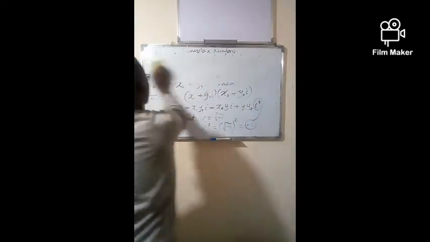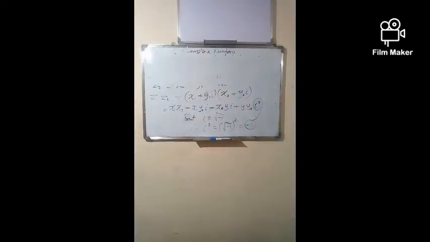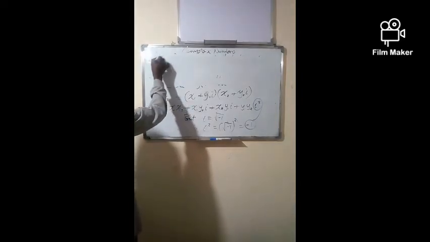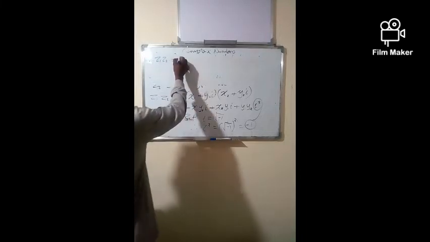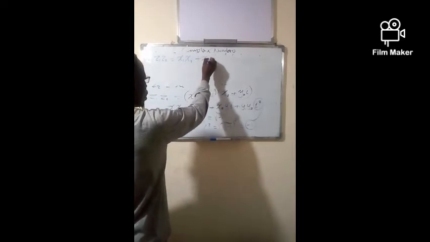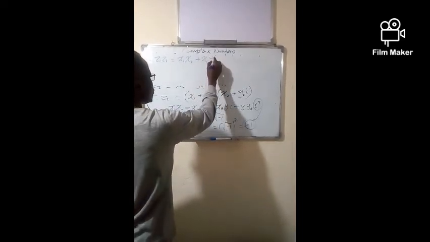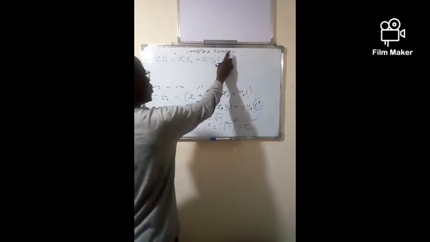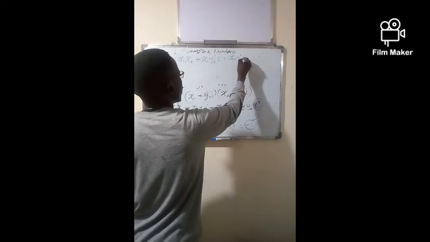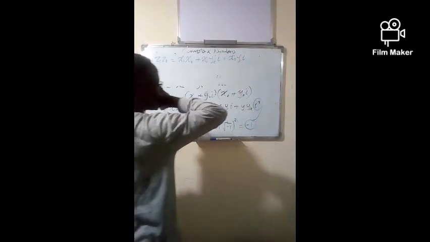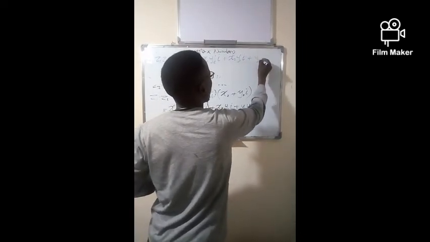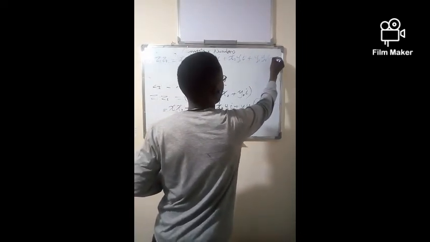So let's go ahead and replace that part. So therefore z1z2 is equal to x1x2 plus x1y2I, all right, and then plus x2y1I, okay, then plus y1y2 multiplied by -1.